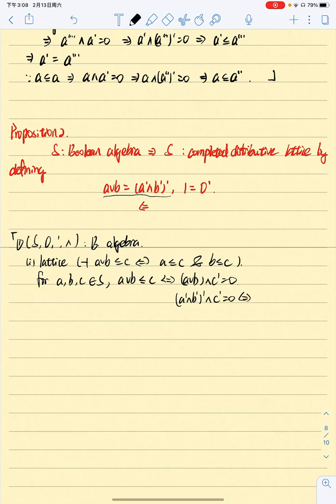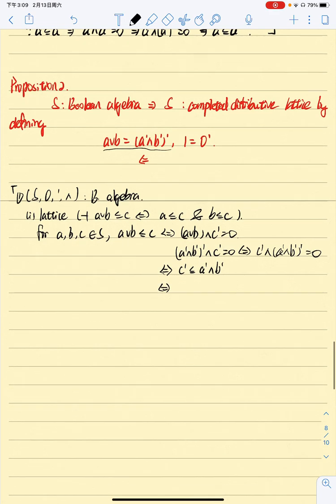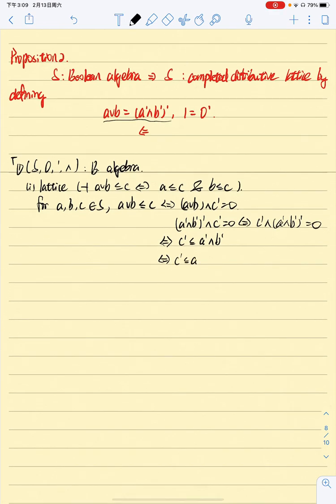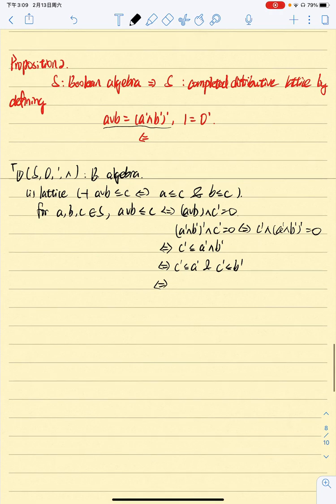Let's change the situation: C prime and (A prime and B prime) is 0. So we can get C prime smaller than A prime and B prime, so C prime smaller than A prime and C prime smaller than B prime.